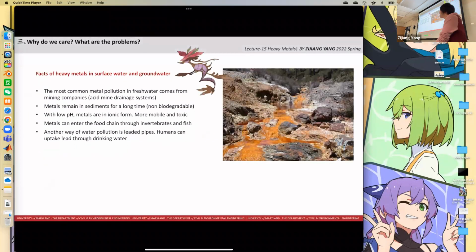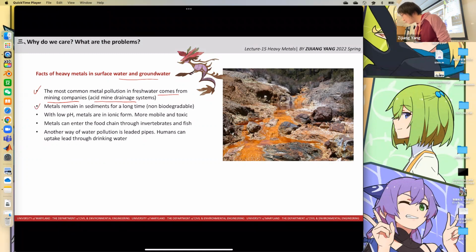And the next one is about heavy metals in water and groundwater. The most common metal pollution in freshwater comes from mining companies, especially acid mine drainage systems.